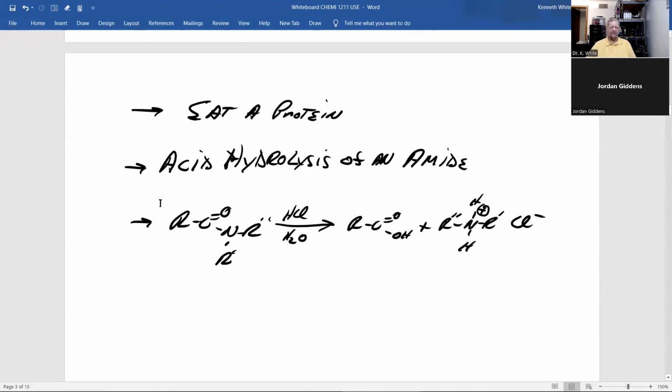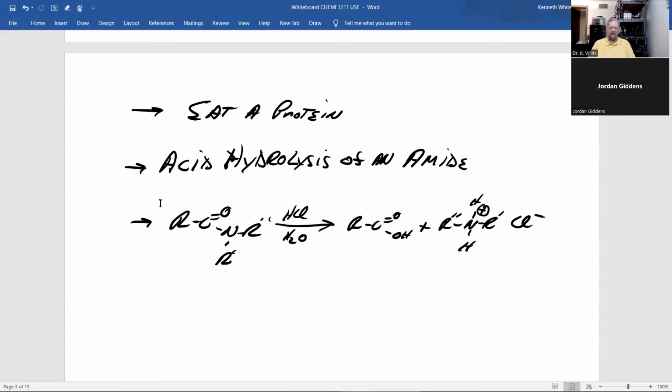And finally, when you eat a protein, what happens? How do you describe what happens in your stomach with words and a general reaction? And here, excuse me, we have, again, your stomach, water and acid. So that's acid hydrolysis, the key functional group in a protein is an amide.